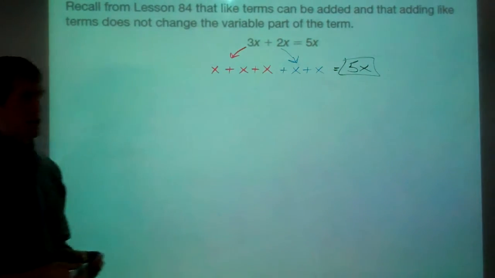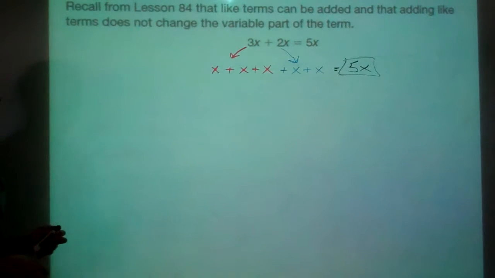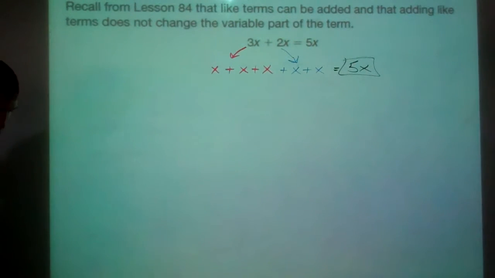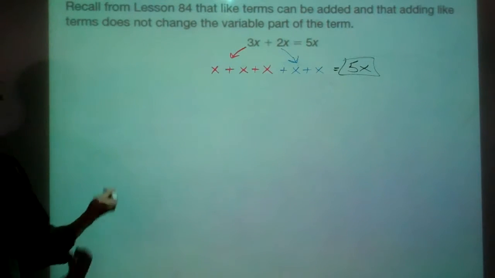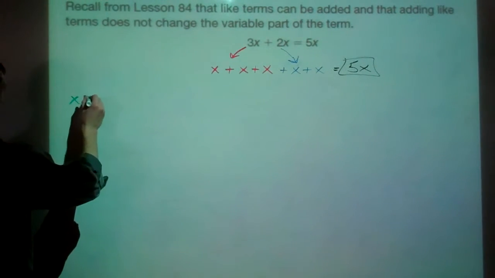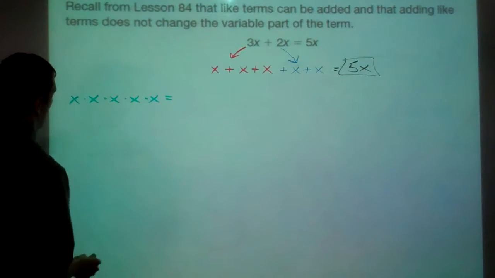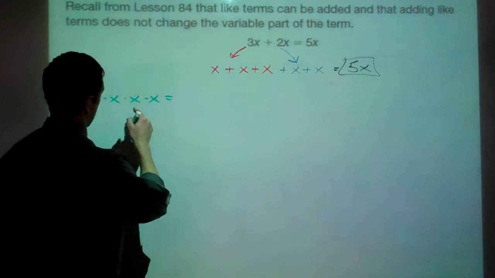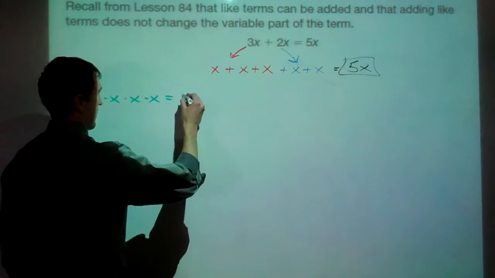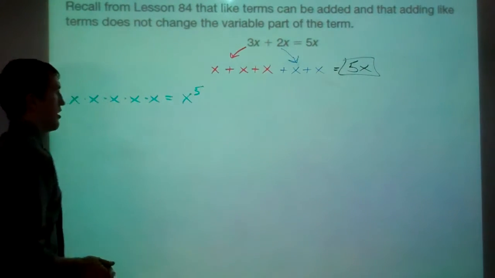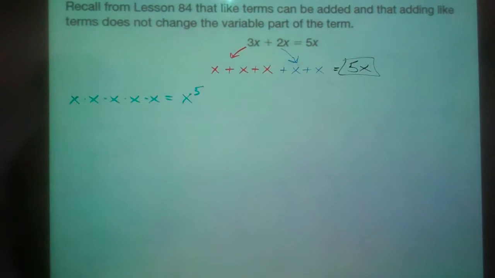Alright, so my question today was, well, what's the difference then when we do this? What if we multiply 5 x's? What's that equal? x times x times x times x times x. That is x to the 5th power. Remember, if we multiply the same thing over and over again, it depends on how many times we do that.